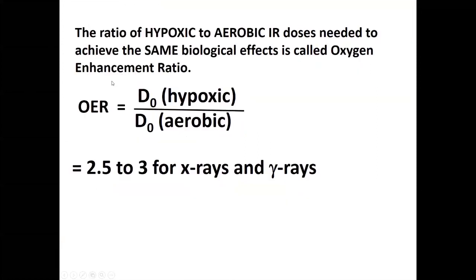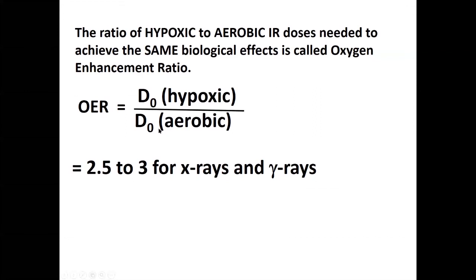This can also be understood from the oxygen enhancement ratio. We all understand what OER is. It is basically the ratio of the dose of radiation for hypoxic versus aerobic cells, delivered to get the same tumor control or to reduce the survival fraction to the same point.